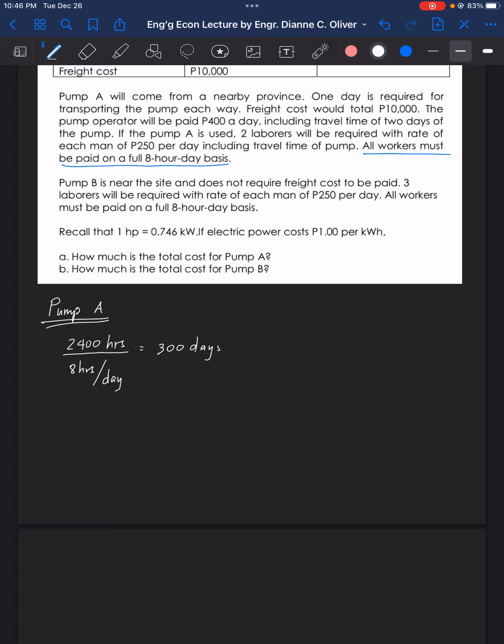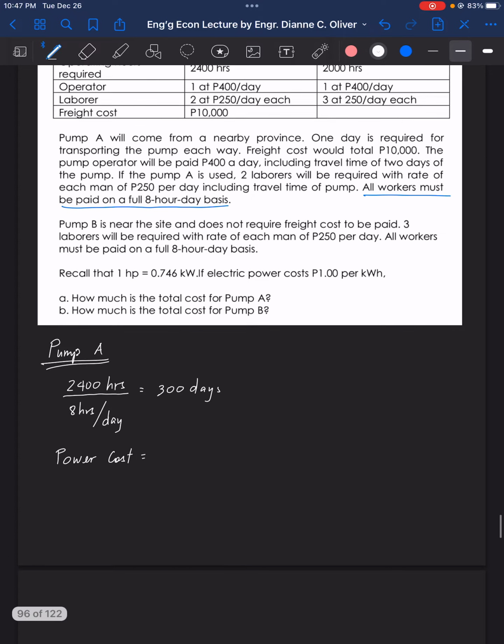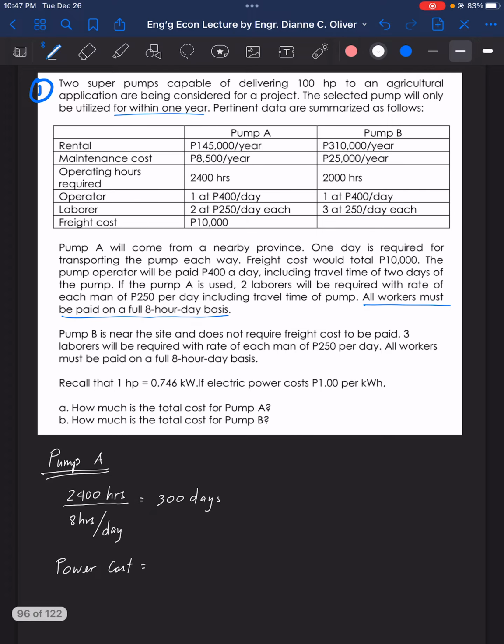So what else? We need to solve for the power cost. So the power cost here is 1 peso per kilowatt hour. So we need to solve for the power cost for pump A. So for power cost, what's the required number of horsepower?